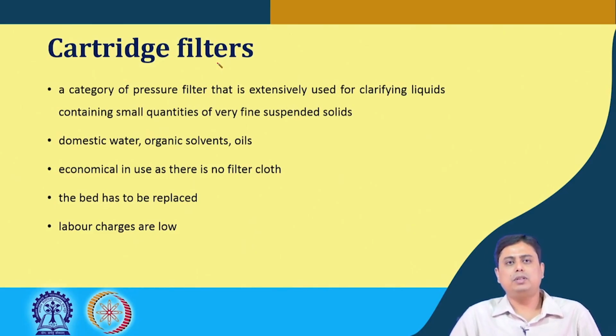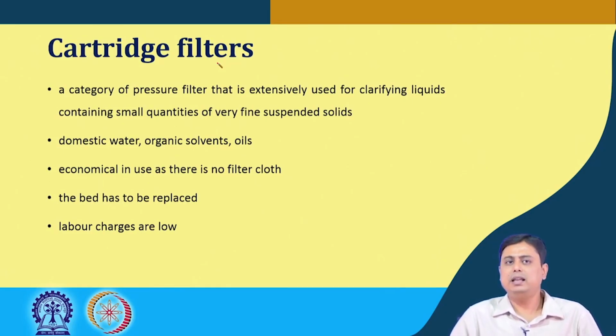Examples of these cartridges frequently occur in our domestic water purification. In several water purification units in our domestic use, such cartridges are there, and you possibly have seen that when the serviceman comes, they replace these cartridges.